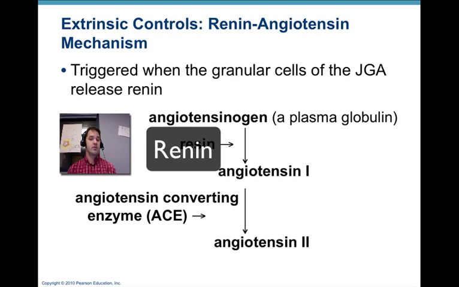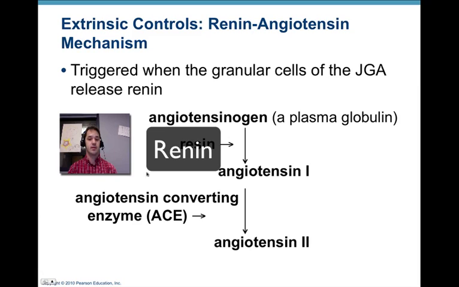We have hormonal control mechanisms that mainly control blood volume, but they're also triggered when the granular cells of the juxtaglomerular apparatus sense low blood pressure. So this should say renin right here. So renin is secreted by those granular cells, and it converts angiotensinogen, a plasma protein that's secreted by the liver, to angiotensin I. And then angiotensin I is converted in several tissues.